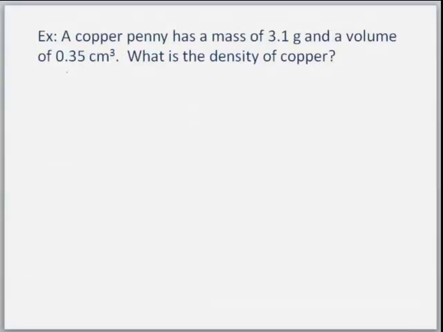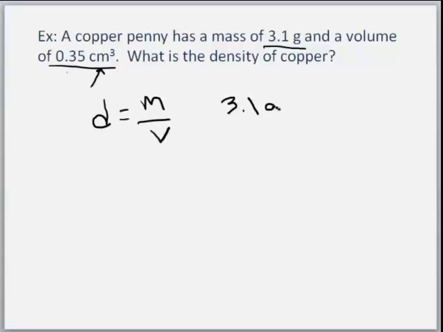Okay, let's talk about doing some calculations here, which we will do plenty of in this class. A copper penny has a mass of 3.1 grams and a volume of 0.35 cubic centimeters. Now remember, we're not going to worry about whether that's a solid or a liquid. We assume a copper penny is solid, and we're using the cubic centimeters unit for volume. So if we're going to calculate density, density is equal to mass over volume. So we will plug in our values.